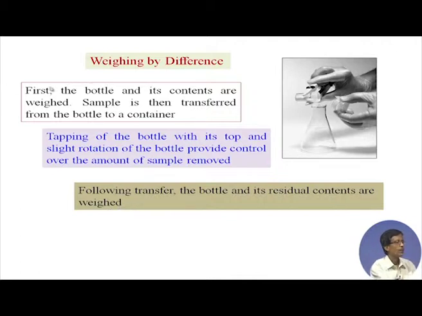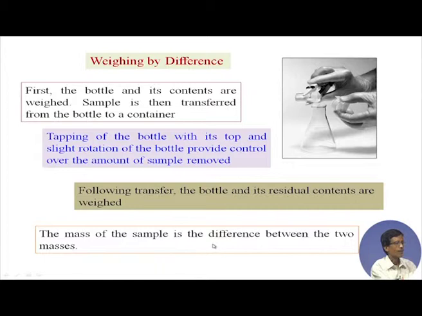You have the initial weight, that is your first weight, and after transfer you have the second weight. Then the mass of the sample is your delta W, the difference between the two masses. So, delta W between the first weight and the second weight is the actual amount of the solid sample that you transferred to this conical flask.